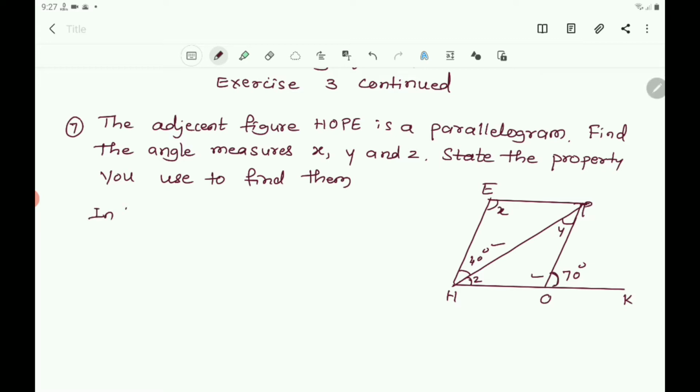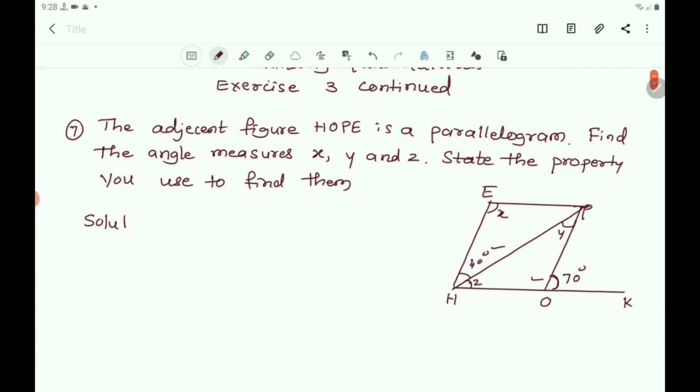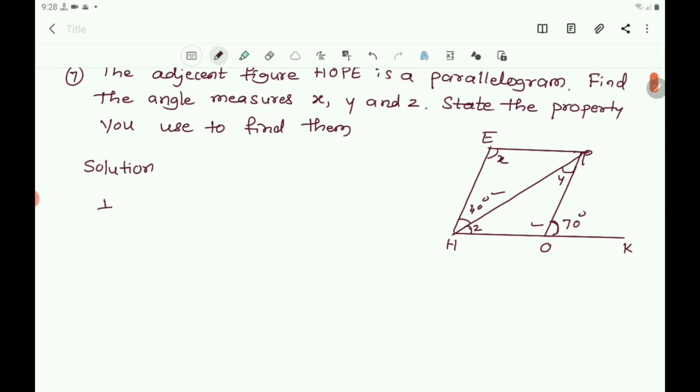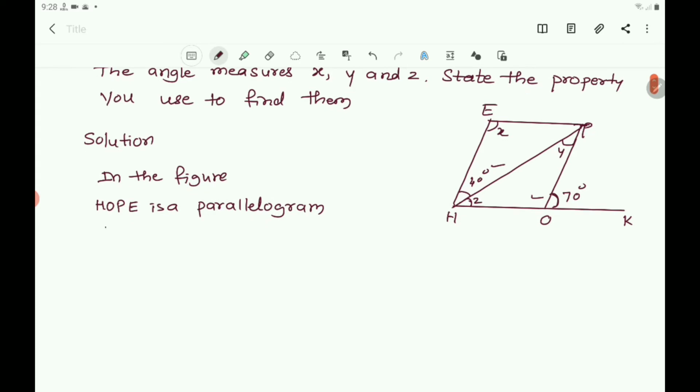In the figure, HOP is a parallelogram and angle POK is equal to 70 degrees, and you take angle HOP plus angle POK is equal to 180 degrees.